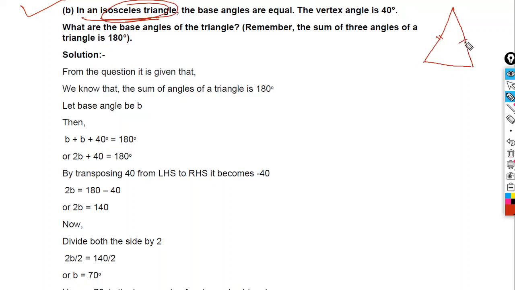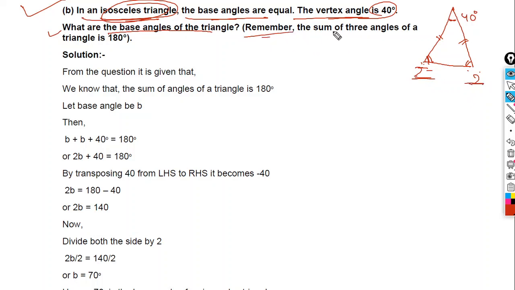The angles opposite to the equal sides are also equal, so the base angles are equal. The vertex angle is 40 degrees. What are the base angles of the triangle? We have to find these base angles, and both are equal.